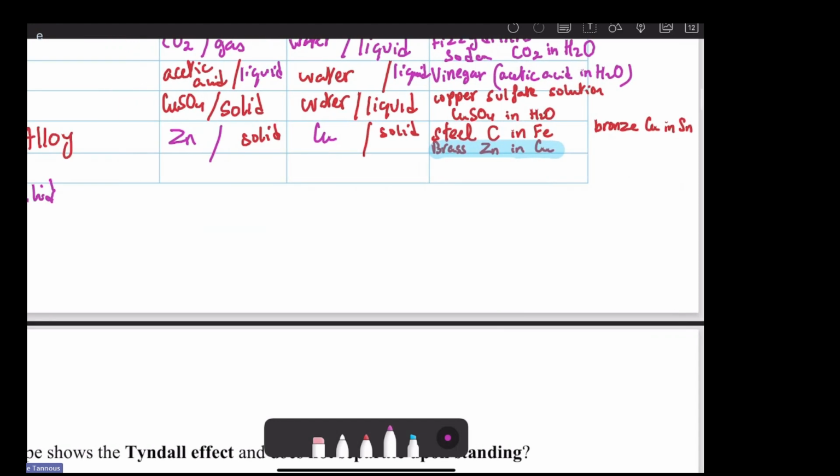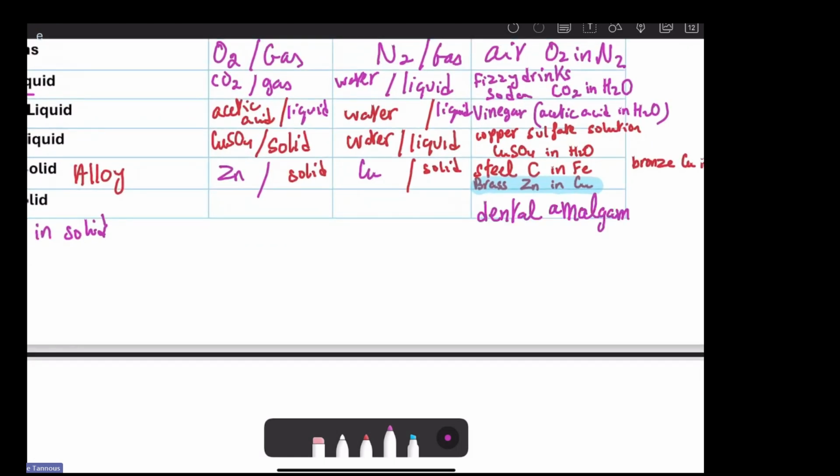I'm not wrong. So we call it here the dental amalgam. This is the one. You have mercury as a solute.